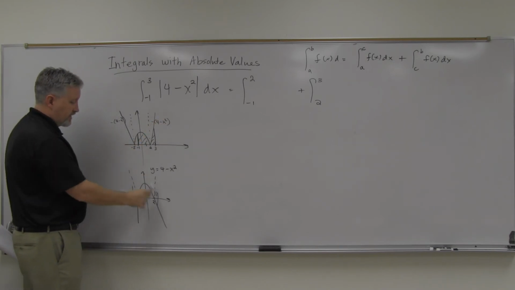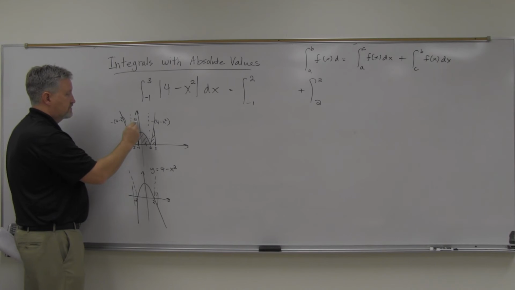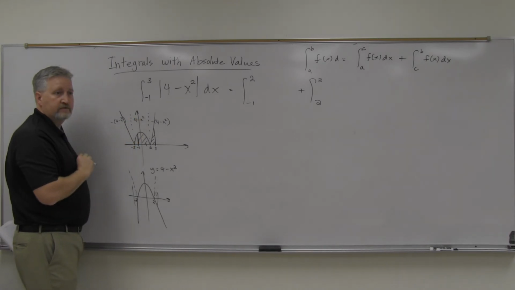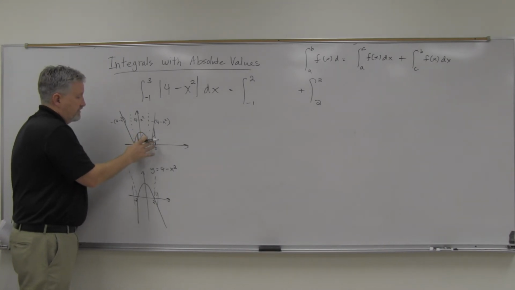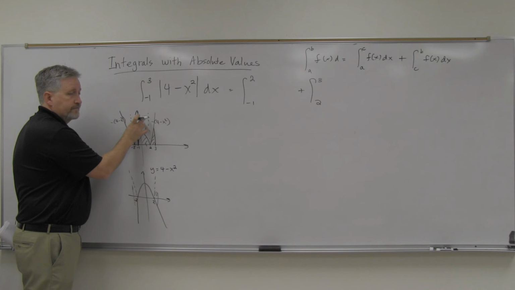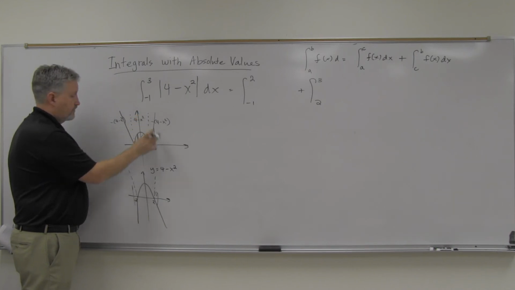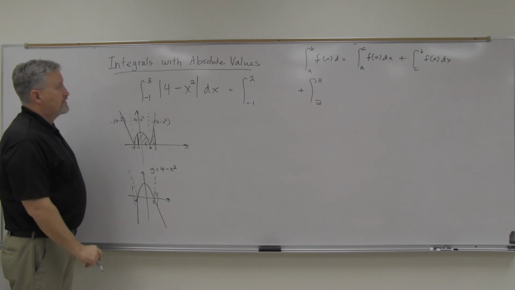And then in here, that piece is not flipped up, so it's just straight up 4 minus x squared. Now, in this particular case, I'm only dealing with, from -1 to 2, the 4 minus x squared. That's what I'm saying.